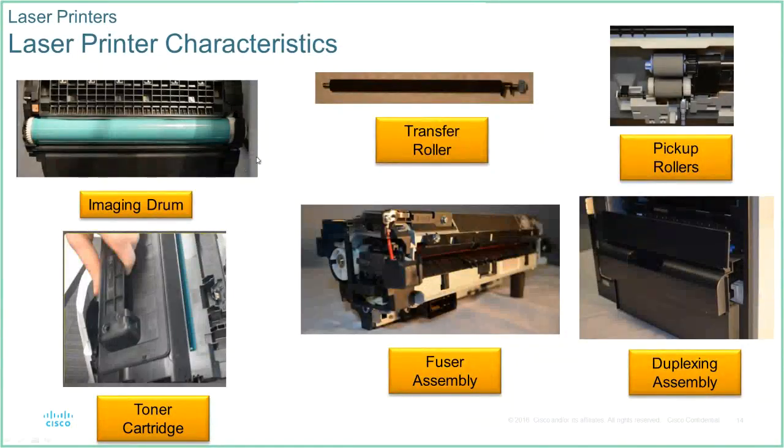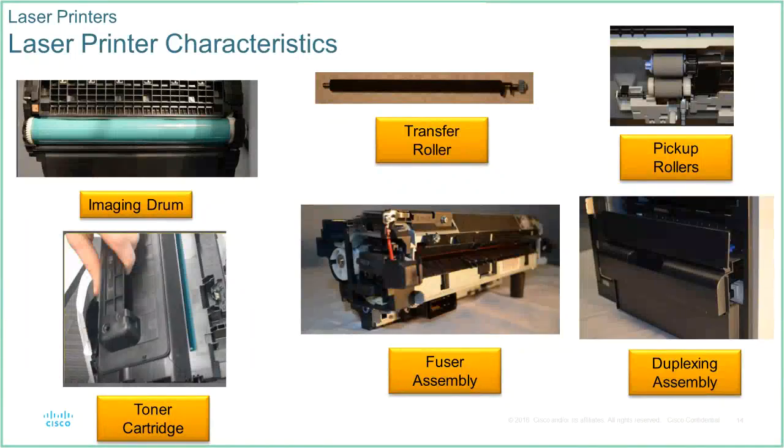And what happens is it goes across the imaging drum where the toner is basically printed onto the paper, and it will then run through this fuser assembly, which will basically heat the affected toner and fuse it to the paper.